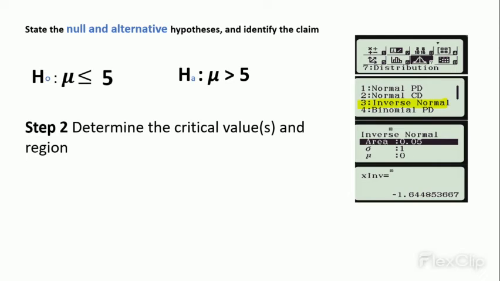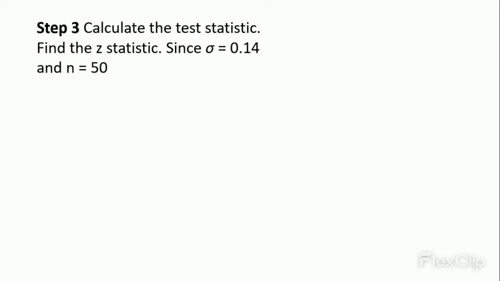Then we have to calculate the test statistic for z. We have sigma equal 0.14, n equal 50, so sigma x bar equals 0.14 over square root of 50, which is approximately 0.02.